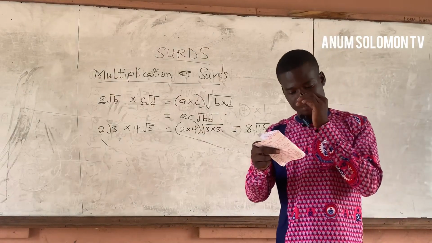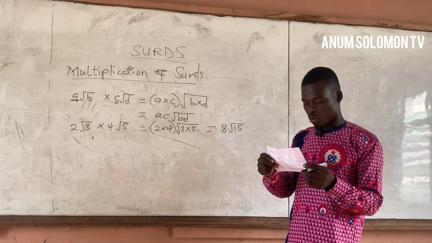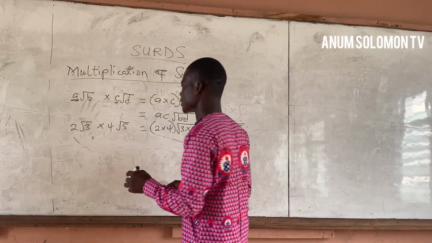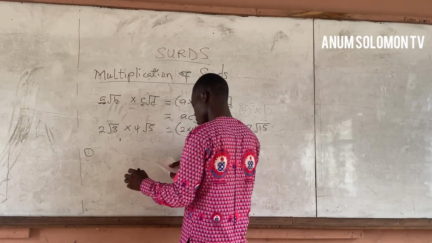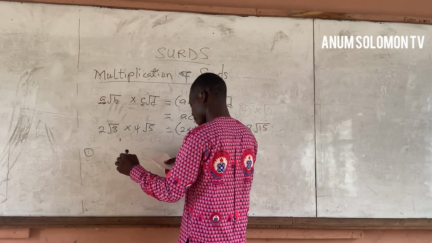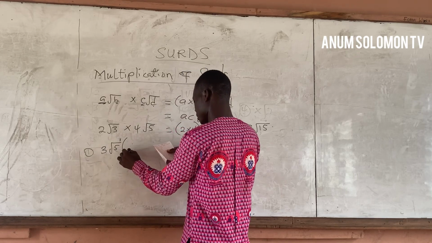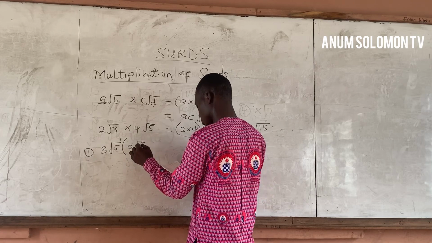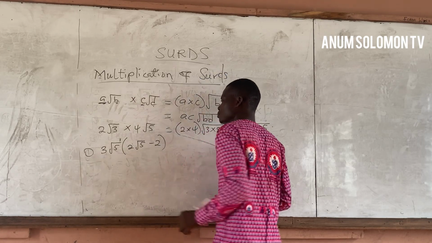So now, let's use this concept to solve these problems. Problem number 1: we have to expand 3 root 5 times the bracket 2 root 5 minus 2.